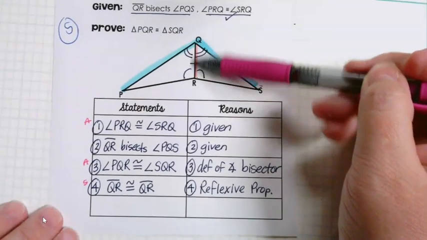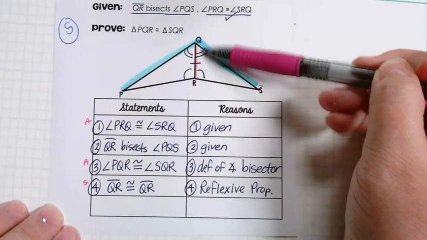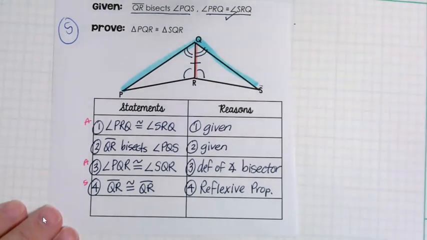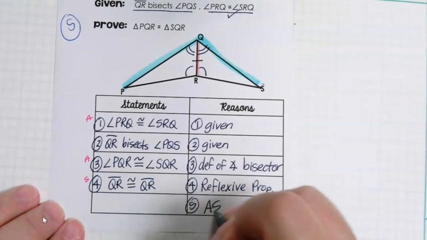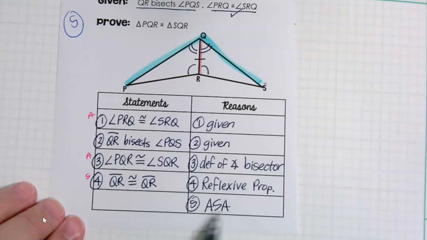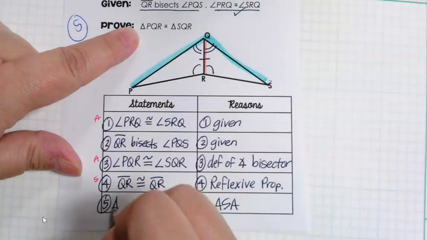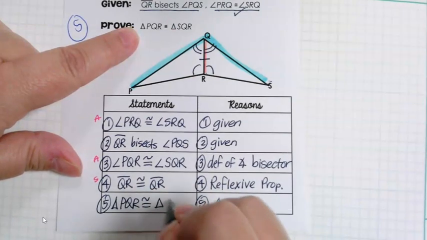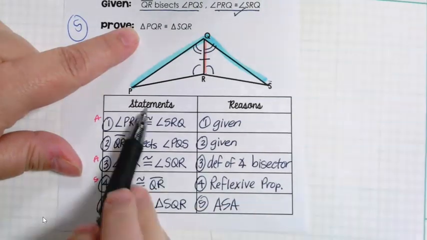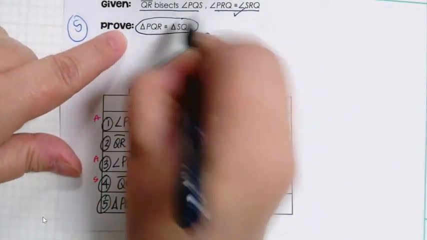This is the side in between those 2 angles on the left triangle, and it's also the side in between these 2 angles on the right triangle. So when it's the included side, that means my reason is ASA. The S is between the 2 A's. And that's how I know that triangle PQR is congruent to triangle SQR. Your last statement is always going to be the thing you were asked to prove.